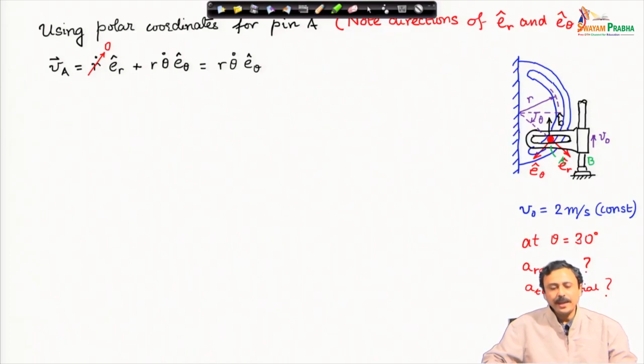So, the velocity of pin A can be represented by this expression. Now, note that since the pin A is moving on a circular slot, therefore, its radial velocity is 0. So, r dot is 0, therefore, we are left with only r θ dot e_θ as velocity of the pin A.